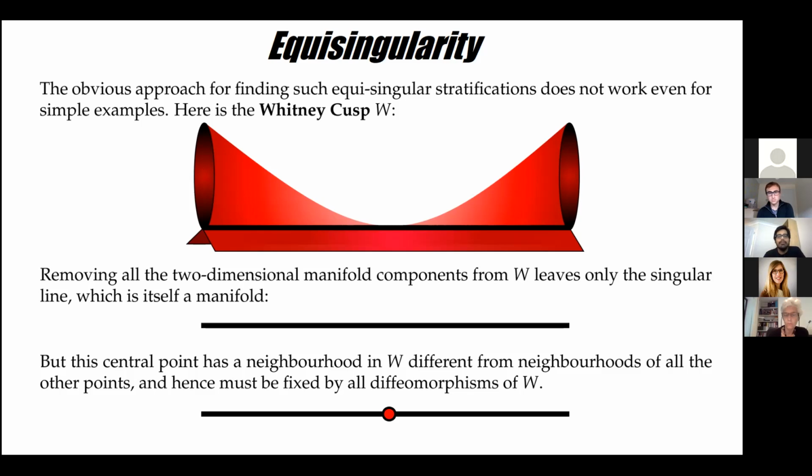So any filtered diffeomorphism is forced to fix that point. And somehow we did not realize that when we were doing this naive partition into manifolds by just looking at 2D pieces, throwing them out, then looking at 1D pieces and throwing them out. So this is the problem of trying to find what are called Whitney stratifications.